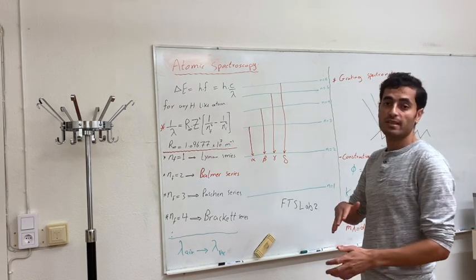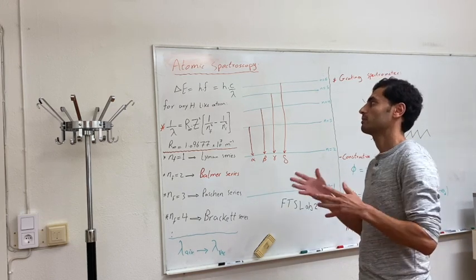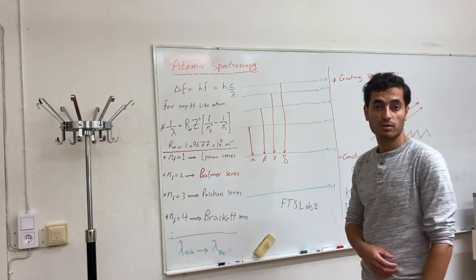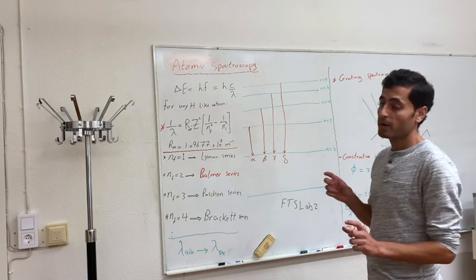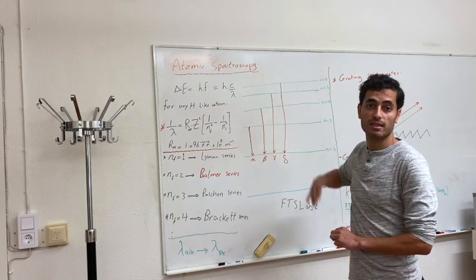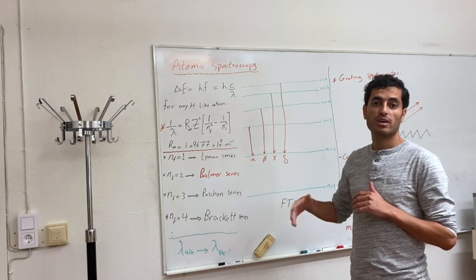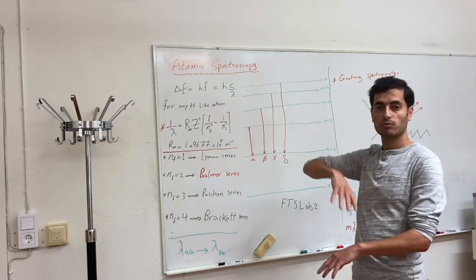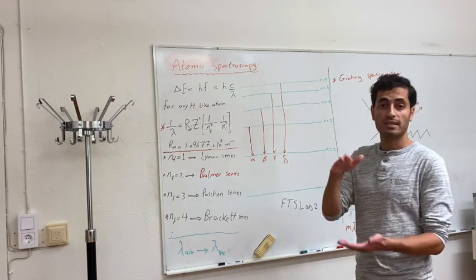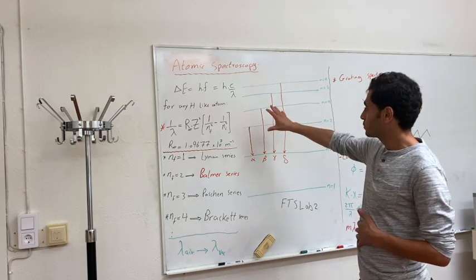And at the same time, there will be absorption of a photon of one of these quanta of light, and how much light will be absorbed depends on how much the gap is between the levels that the electron is jumping between. And the same can be said if you have an excited electron in the atom, and then it goes back to the ground state or unexcited state. That will also be done discretely, and then it will be followed by an emission. And that's what we are looking at here.